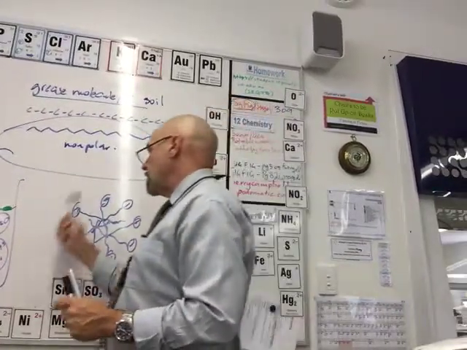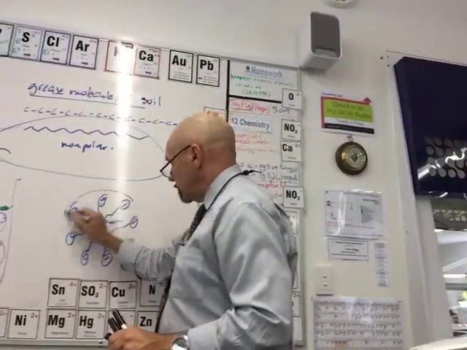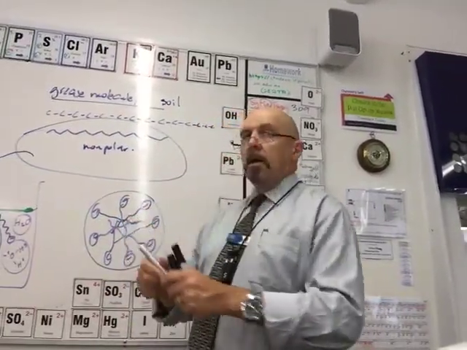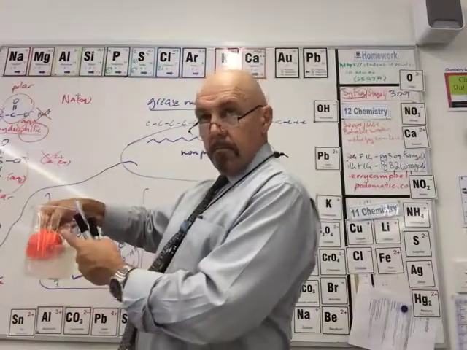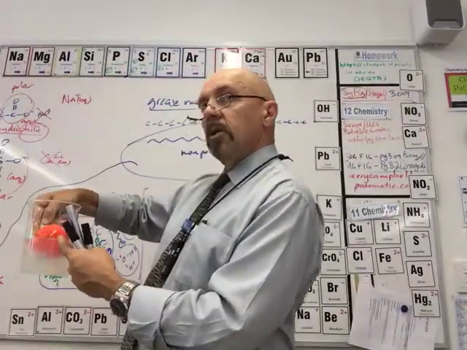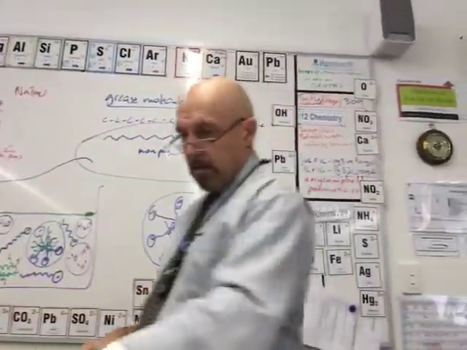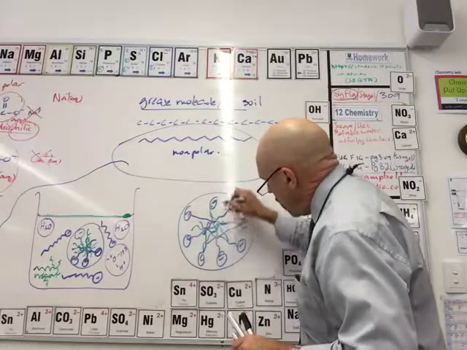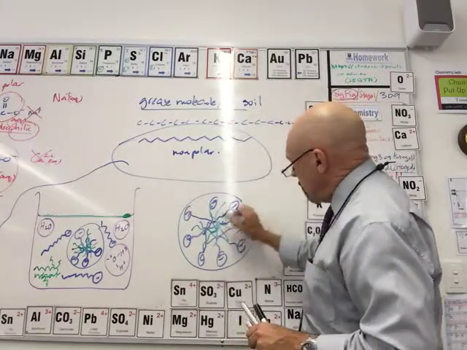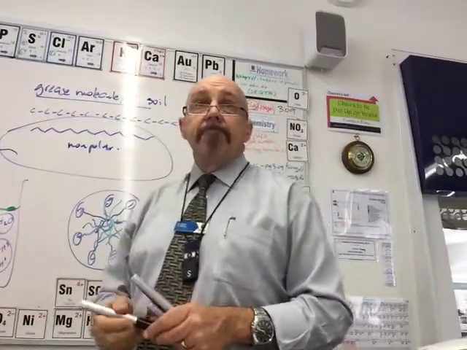So on the outside of this molecule, it's all negative. Here's my cell, but on the inside of my cell, we've trapped all of these grease or dirt molecules. Can everybody picture that?